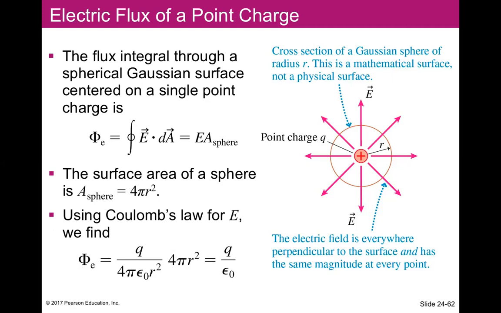So it simply means the flux of a Gaussian surface equals the net charge inside this surface. So here we use a point charge to derive the Gauss law, which is here, phi equals Q over epsilon 0. This is the equation of Gauss law.